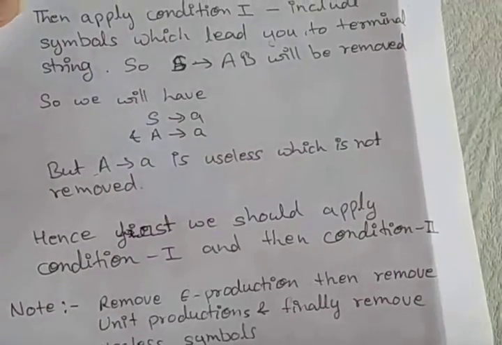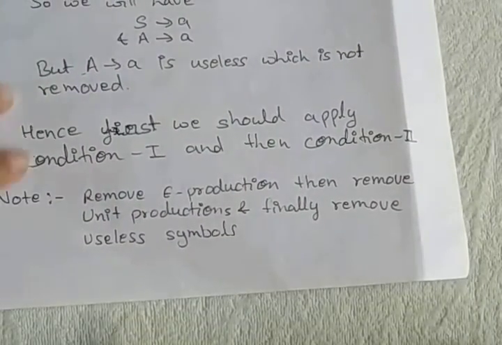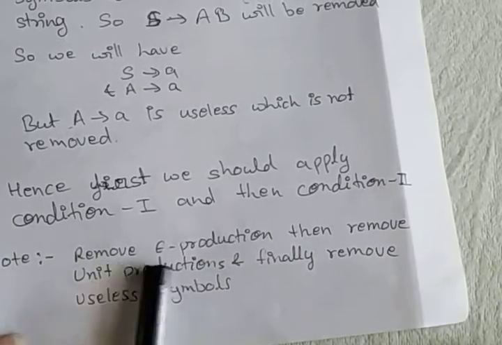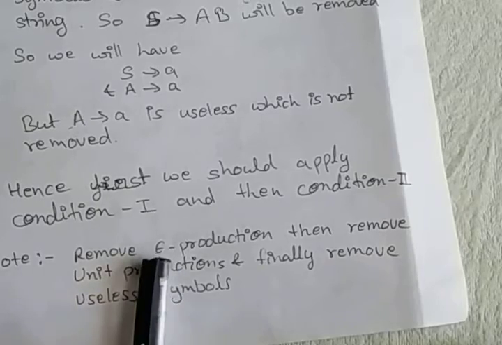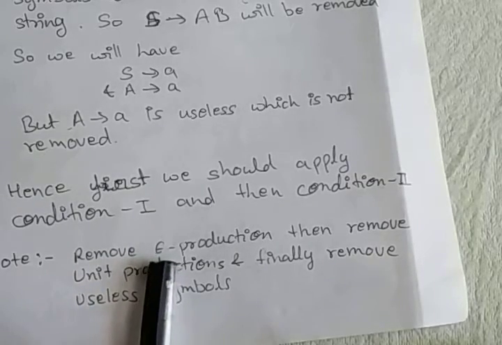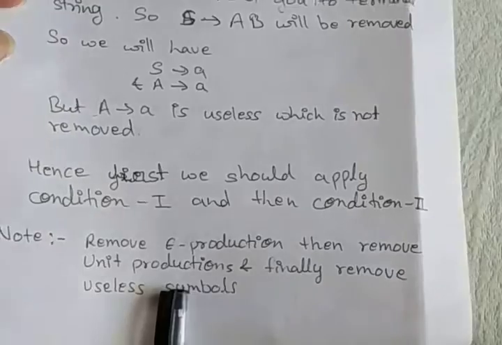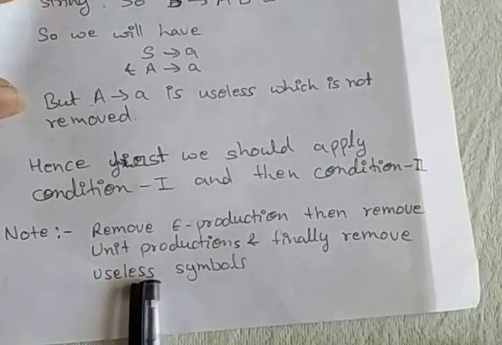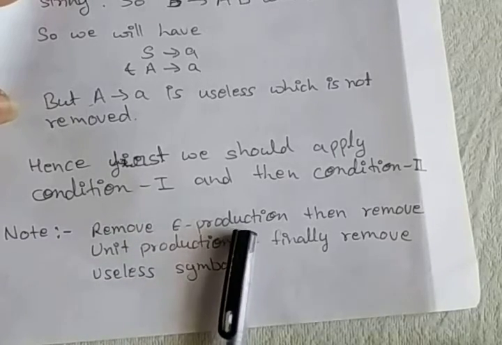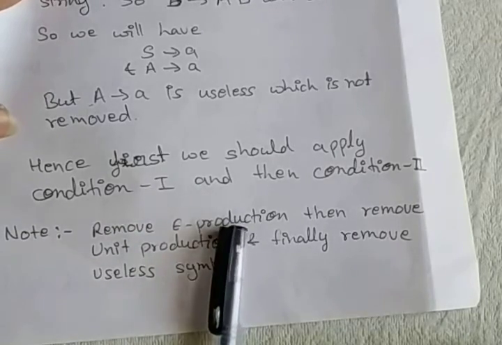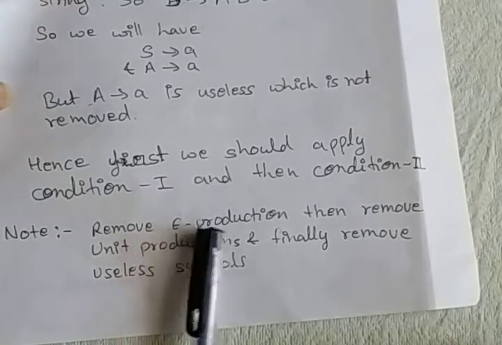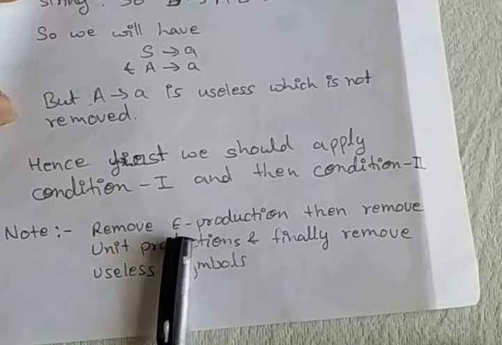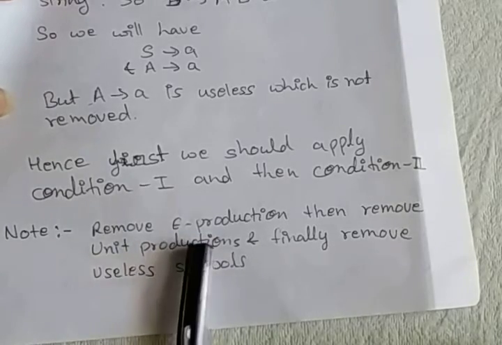Now if we have a grammar which is having epsilon productions, unit productions and useless symbols. If all things are there, then first of all we need to remove epsilon productions from the grammar, because when we remove epsilon productions, then we may produce some unit productions.